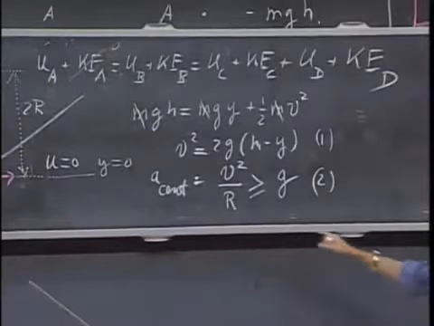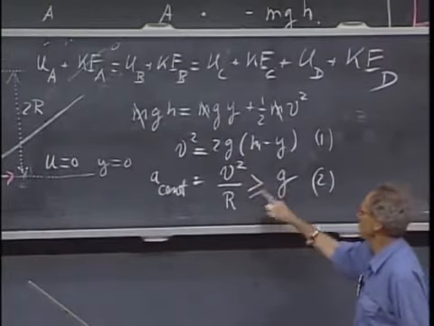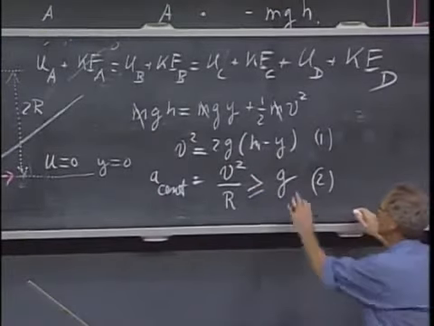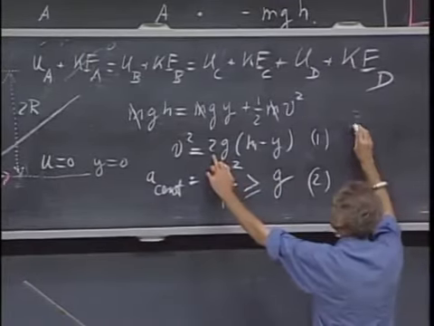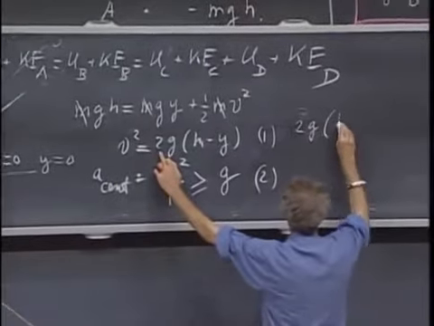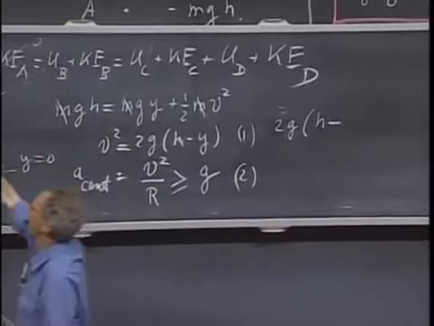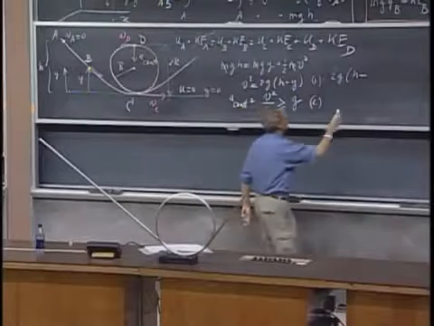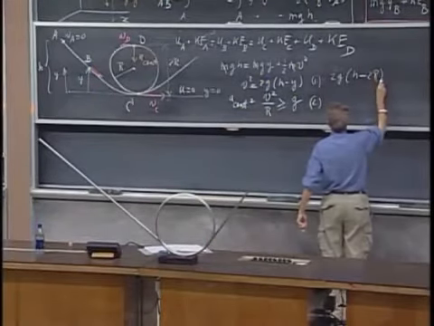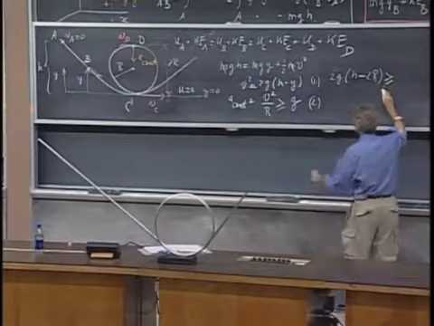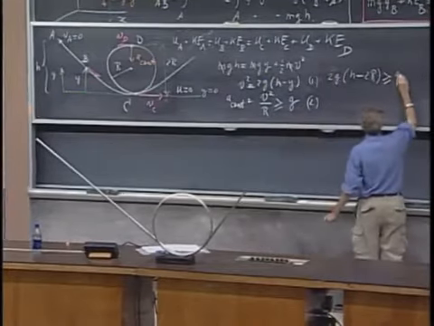Look very carefully. So v squared must be larger than or equal to gr. So I have here v squared, which is 2g times (h minus y), but y for that point D is 2r. So I put in 2r, must be larger than or equal to gr.